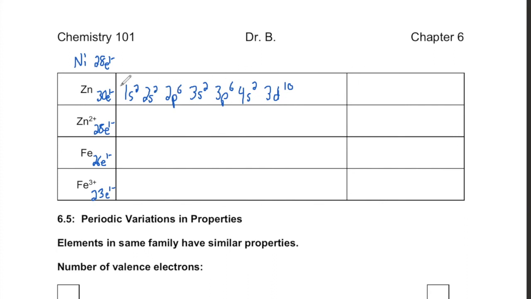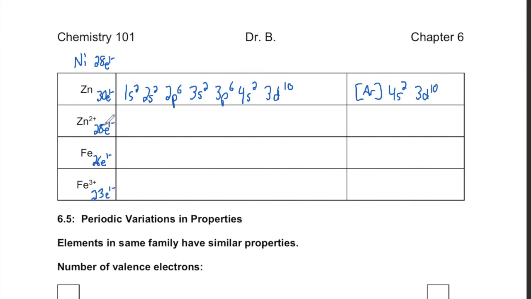So these 30 electrons go into the orbitals in order. So we finished with the third period, and then we're starting on the fourth period. The third period noble gas is argon. So zinc looks just like argon, except then it has 4s2 and 3d10 after that.